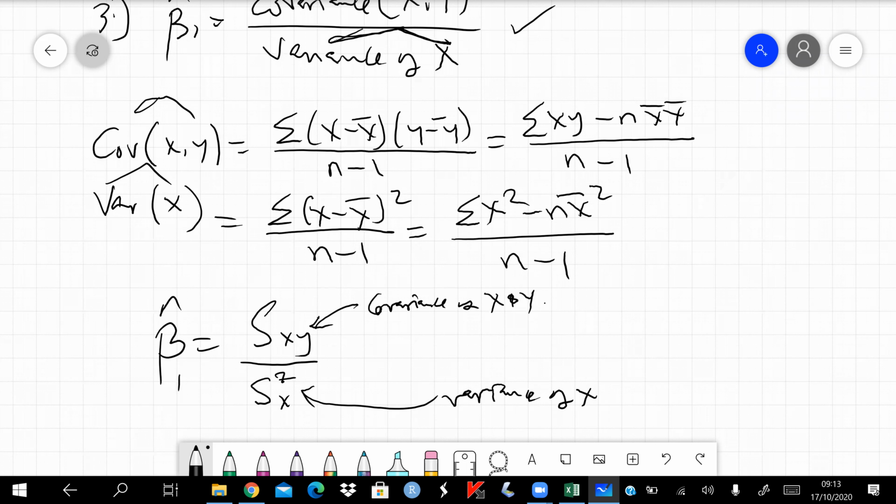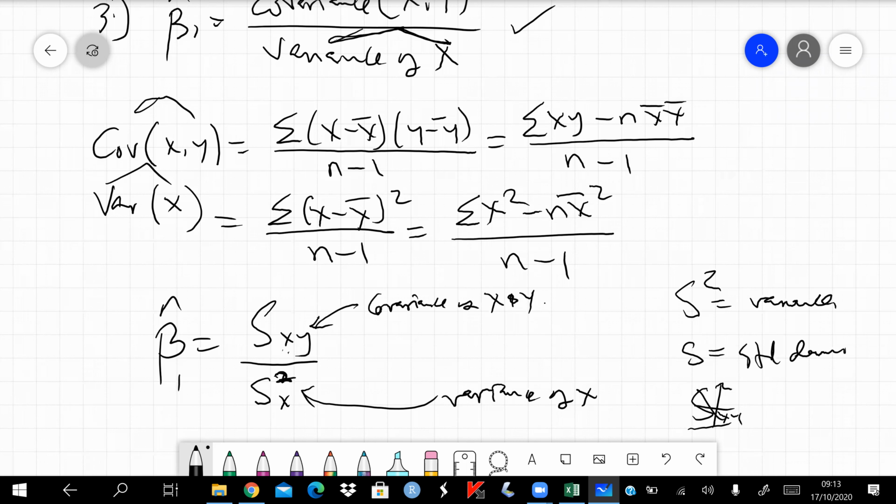The symbol s xy means the covariance of x and y. And s squared of x is the variance, because we know that s squared is variance and s is the standard deviation. But when you talk about covariance, you just use x and the variables in question, without the square.